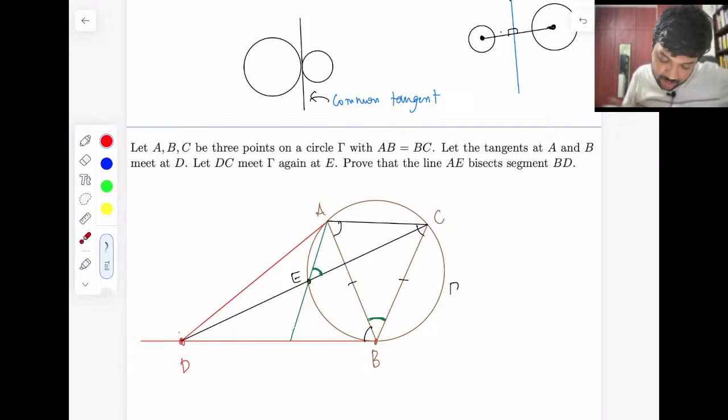I think it might be actually, although I don't know whether my diagram is accurate. BC, is it equal to AB? It's almost close. And tangents look tangent to me. Yeah, I think it's accurate. Maybe DE is equal to EC. That he is right. So how do we show this?